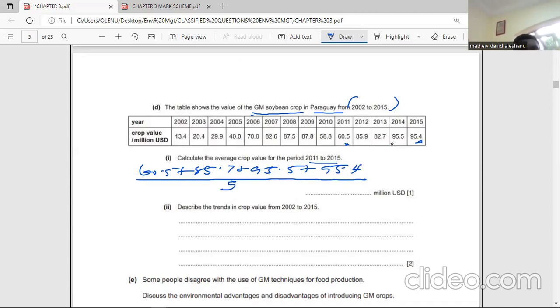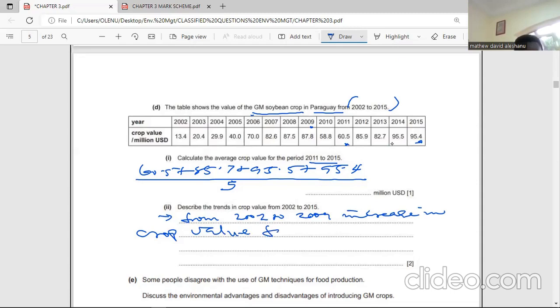Now, they say describe the trend in crop value from 2002 to 2015. To describe the trend, I used to say, write what you can see. First, from 2002 to 2009, there was an increase in crop value.